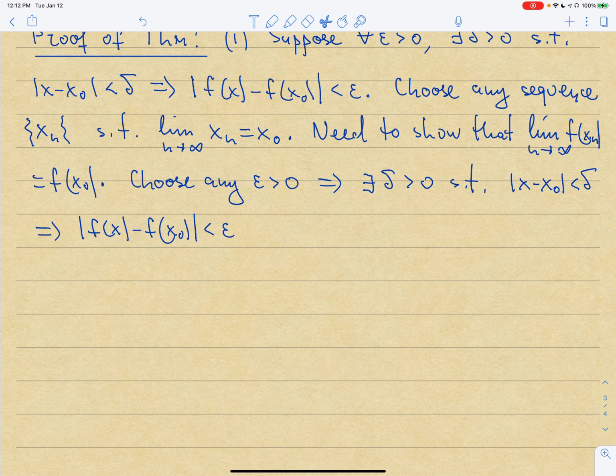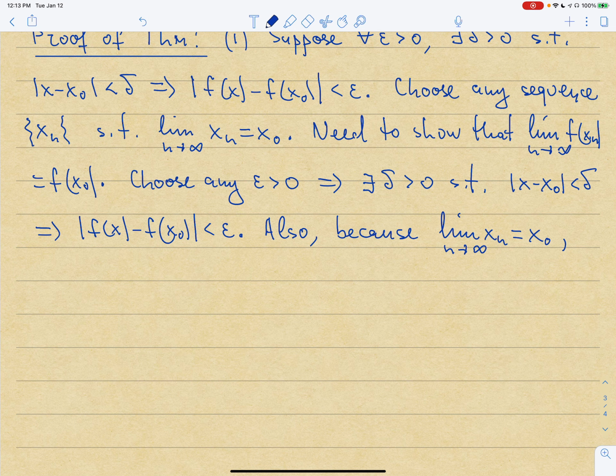Okay, so we have that. But also, in addition, because the limit as n goes to infinity of xn is equal to x0. Now, what does it mean that the limit of xn is equal to x0? It means that for any fixed positive number, I can make |xn minus x0| less than that number as long as I make n sufficiently big.